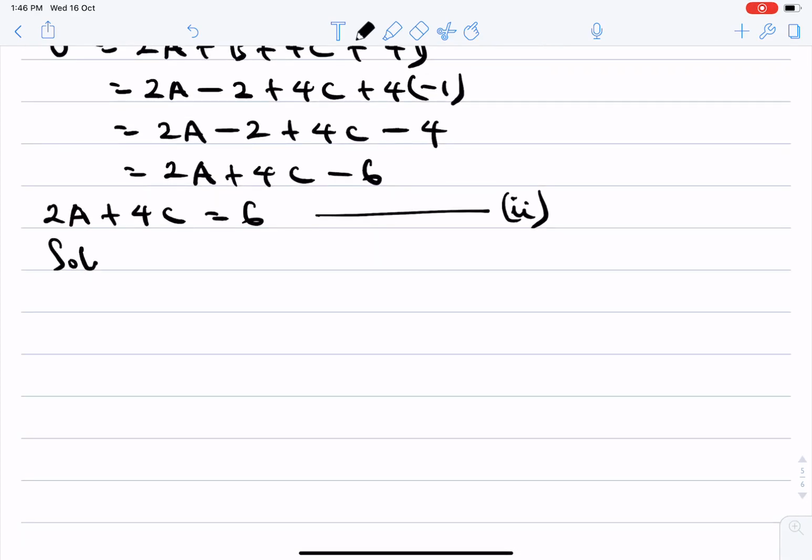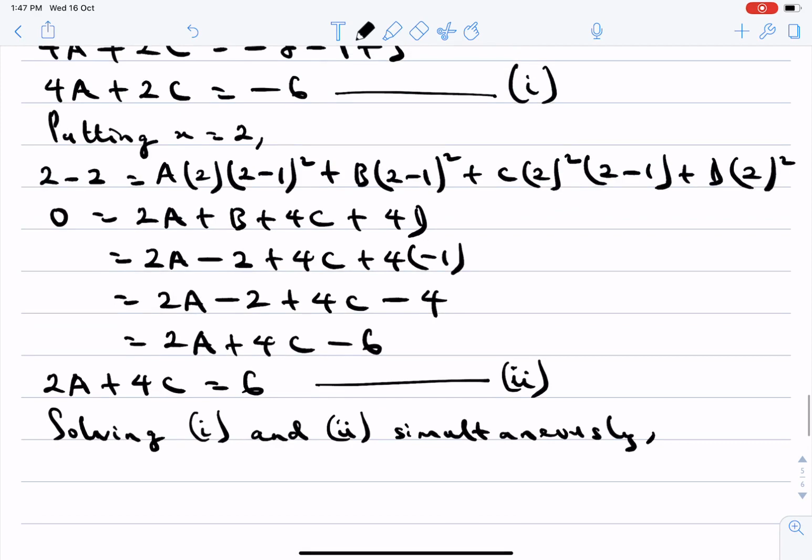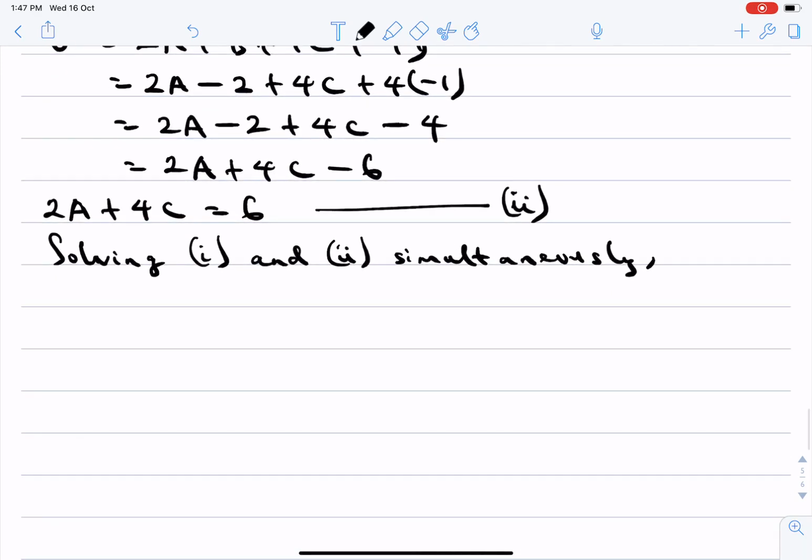Solving equations 1 and 2 simultaneously. And why are we doing that? That's to obtain the values of a and c. What's equation 1? 4a plus 2c equals minus 6.